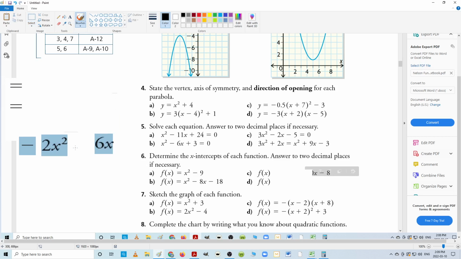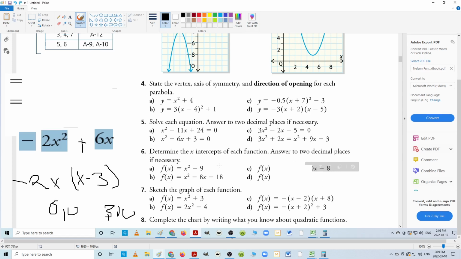And then when I factor minus 2x out of it, I get x minus 3, which means it goes through 0, 0, and 3, 0, because this just means 0, 0. So those are the x-intercepts. The others you all have to factor.